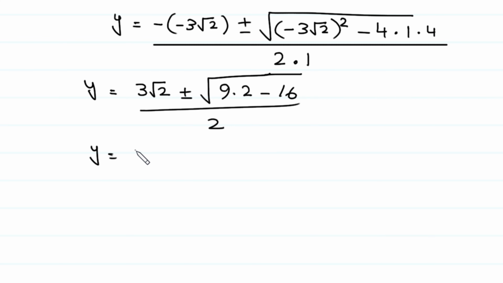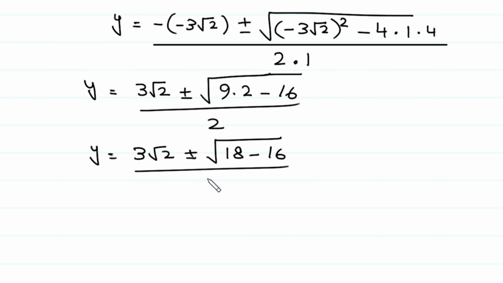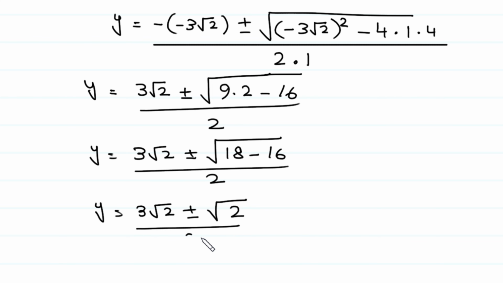Y is equal to 3 times the square root of 2 plus minus square root of 9 times 2 18 minus 16 divided by 2. Y is equal to 3 times the square root of 2 plus minus 18 minus 16 square root of 2 divided by 2.